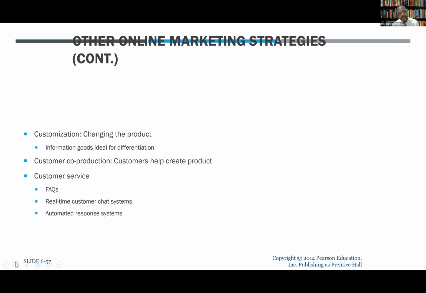Other online marketing strategies continue. Customization, changing the product. Information goods, ideal for differentiation. Customer co-production, customers help create the product. Customer service: frequently asked questions, real-time customer chat systems, automated response systems.